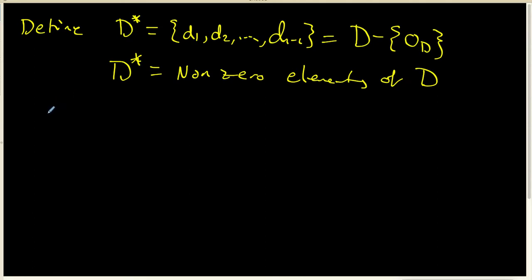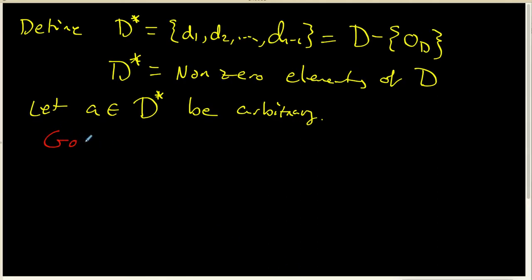Now, what we're going to do is let a be any non-zero element of D, which means a is going to be in D star. And I want to pick an arbitrary element, so I'm going to stress that this is arbitrary. And our goal is to find a multiplicative inverse element for this particular a.